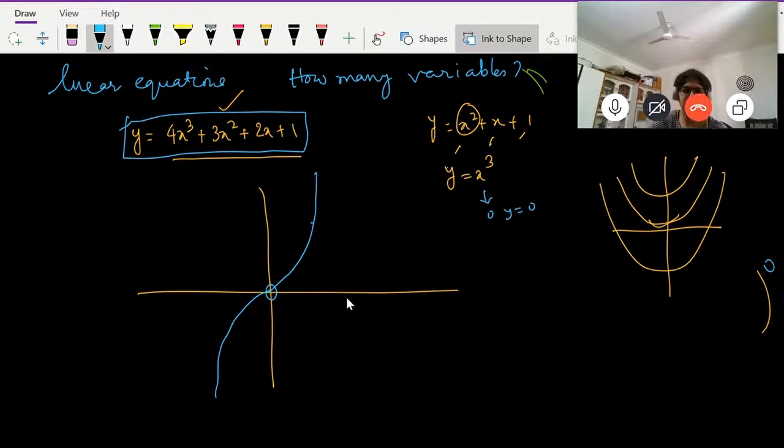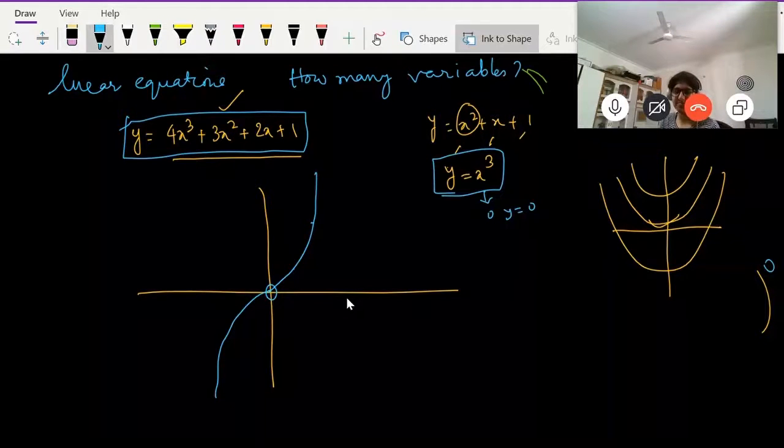Sir, won't it go on the positive side? Because y can't be negative. Why? This is x cube. Okay, this is cube, yes.